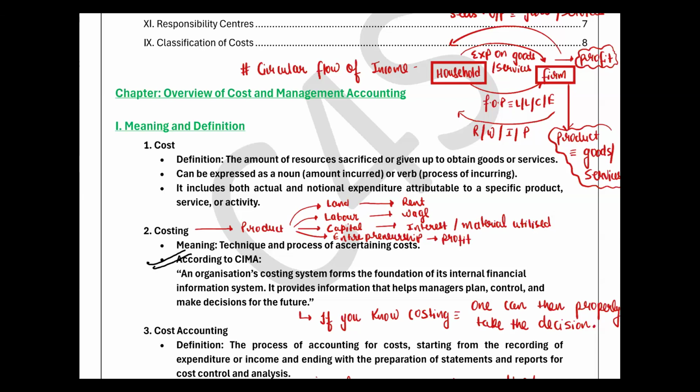According to CIMA, an organization's costing forms the foundation of its internal financial information system. Obviously we'll talk about the internal financial because it is a technique involved in ascertaining the cost. It provides information that helps managers plan, control, and make decisions for the future.